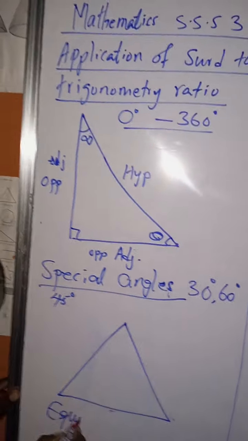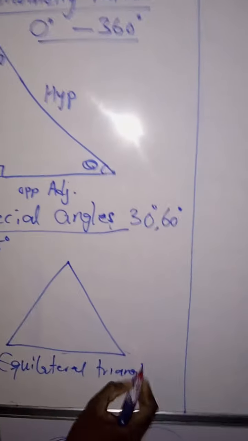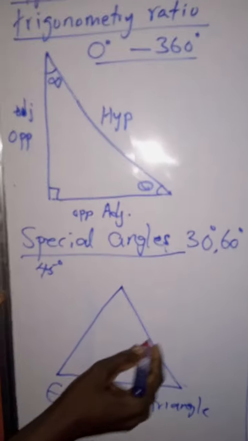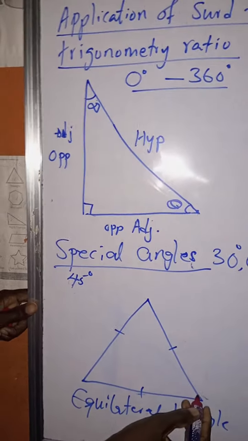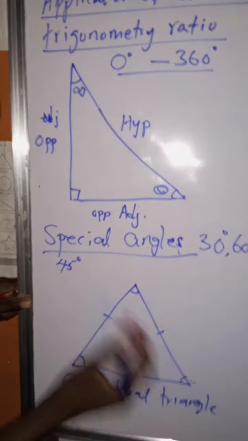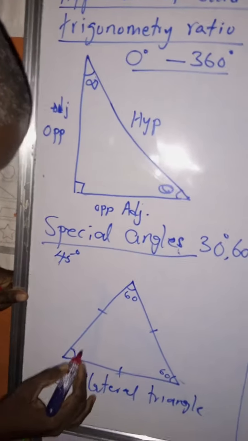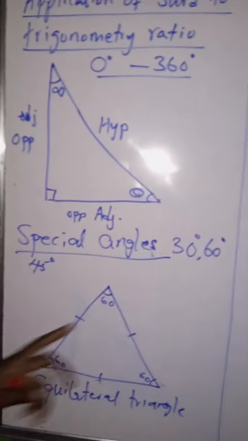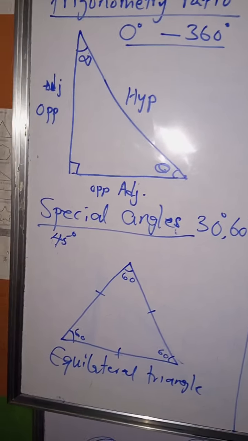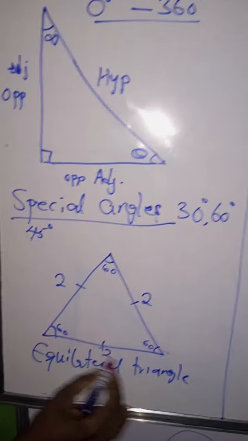An equilateral triangle is such a triangle where all the sides are equal, and likewise all the angles are equal. So all the angles are 60, 60, 60, which gives 180, the sum of angles in a triangle. Then all the sides, we say let them be 2, 2, 2.